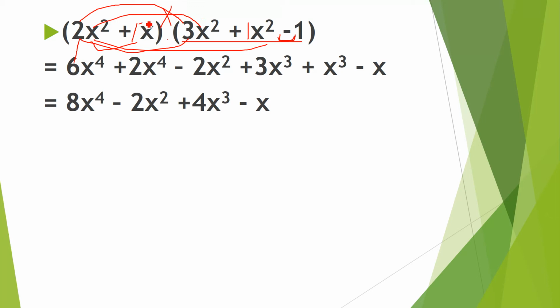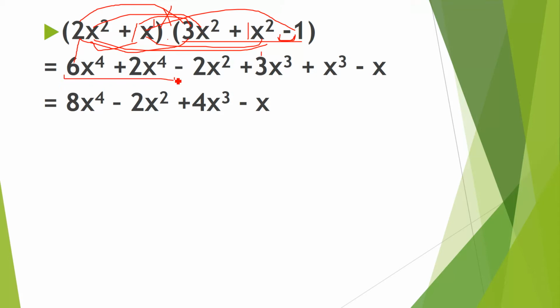Multiply the coefficients, 1 times 3 is 3, and this is x, so it will be 3x cube. It does not have any exponent, it means it is 1, so 2 plus 1 is 3. Then x times x square would be x cube, and then x times minus 1, which is minus x. Now in the next step you have to add or subtract terms of the same power.